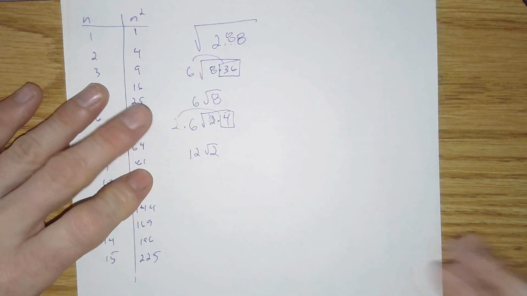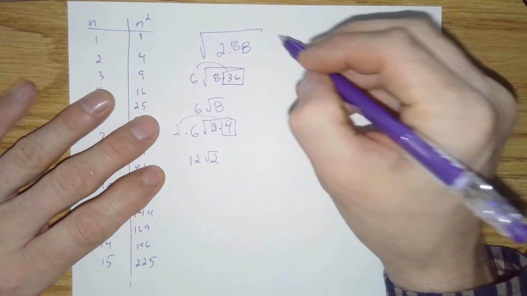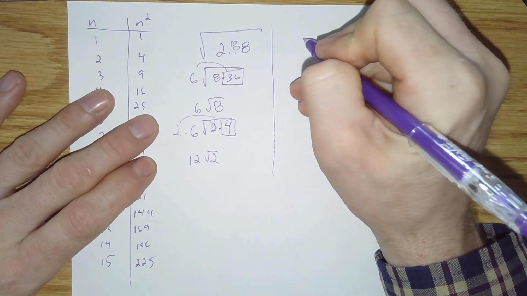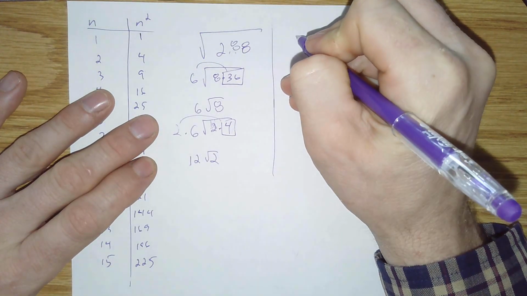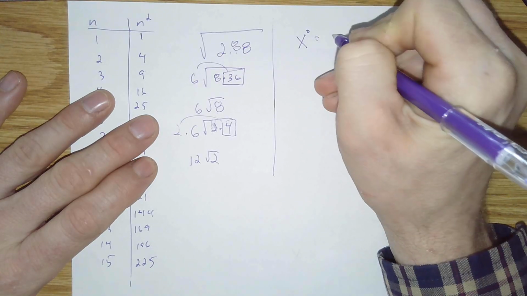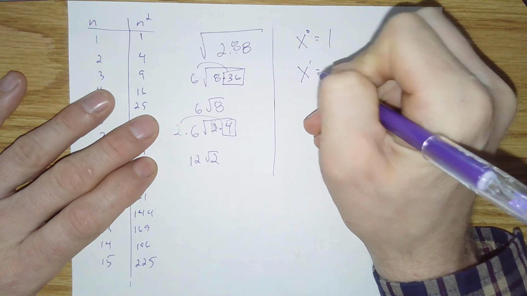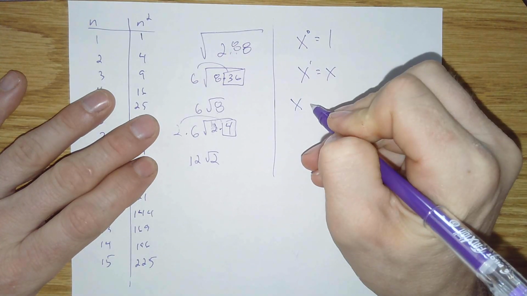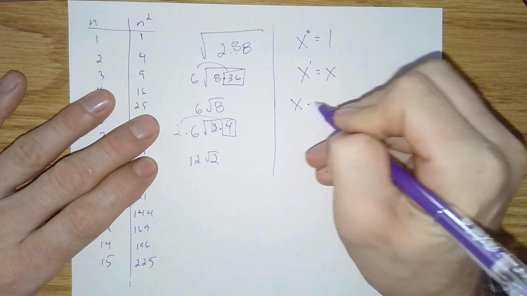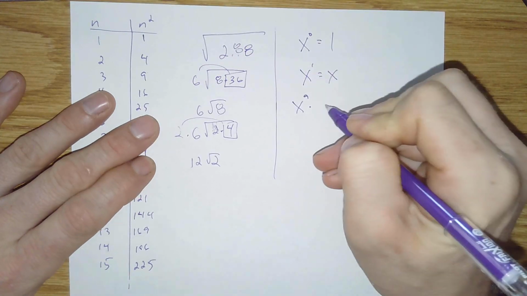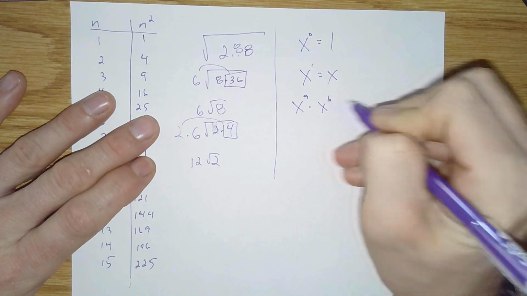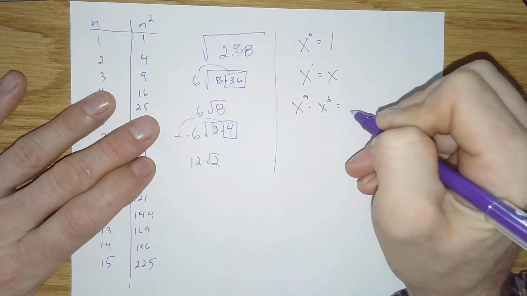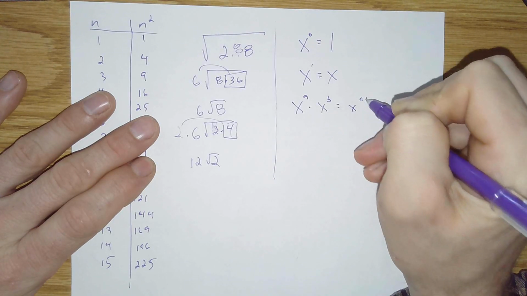That being said, you can do your table for your exponential rules, where x to the 0th equals 1, x to the 1st equals x, and if you take x to the a times x to the b, you add the exponents, so it's x to the a plus b.